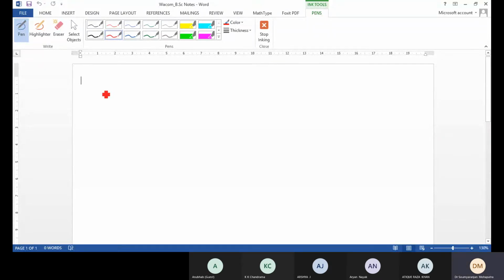So in radioactivity, you must have gone through how many types of radioactive emissions there are. The first one is alpha decay, or you can say alpha emission.